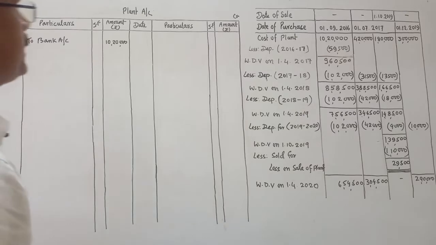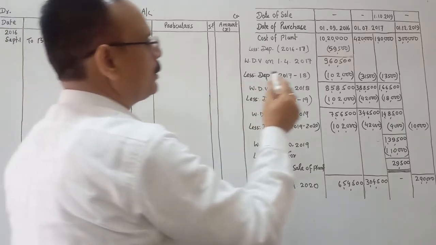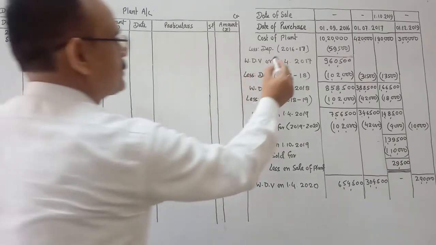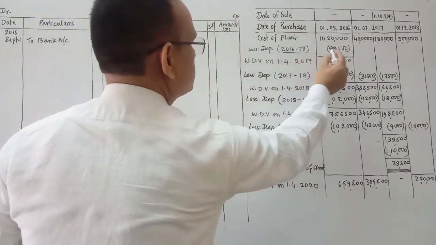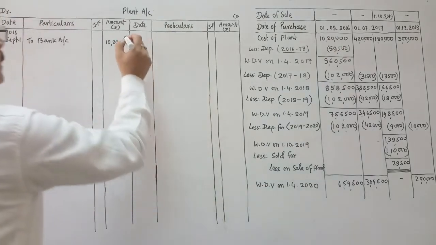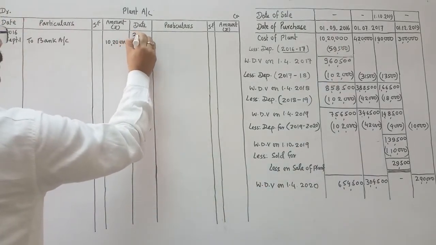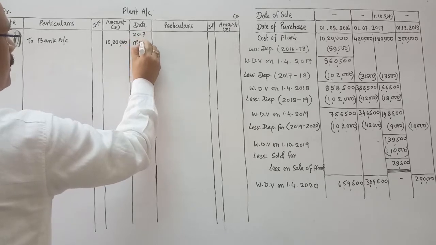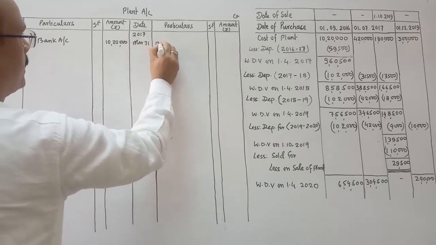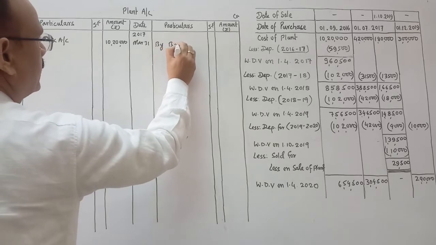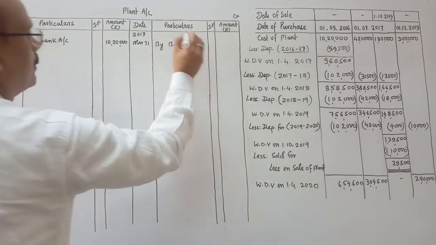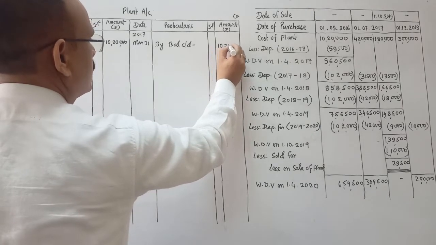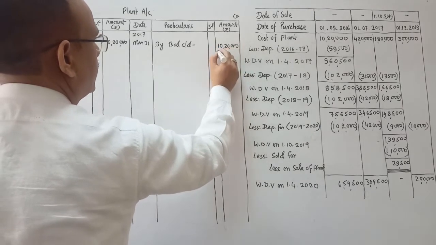In this financial year 16-17, no other machine was purchased; only one machine was there. So at the end of the financial year, 2017 March 31st, by balance carried down, the same amount 10,20,000 will be carried down.